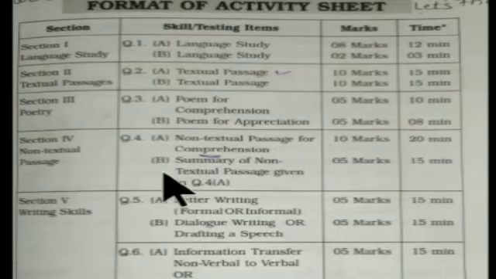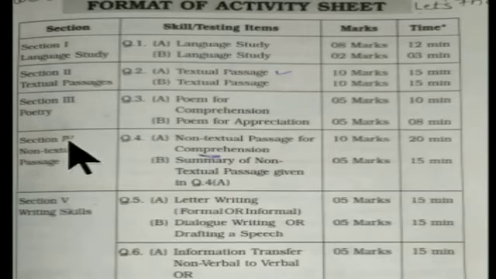Question number 4B is a summary of the non-textual passage given in question number 4A. The non-textual passage given for 4A is the same for question number 4B, summary writing. This question is for 5 marks and you have to attempt this question in 15 minutes.